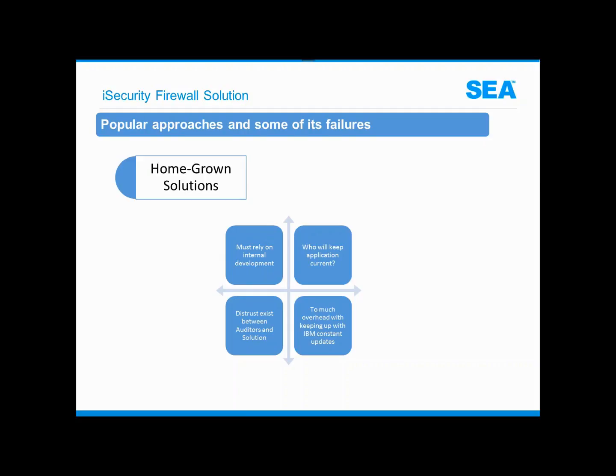Not to mention the distrust that exists between auditors and the solution itself, and the overhead involved with keeping up with IBM's constant updates to the OS. This can prove to be very inefficient and very expensive in the long run.